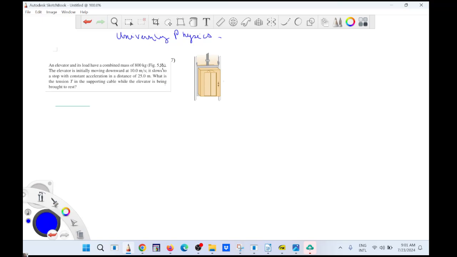You see here you have the mass of the elevator, and it says it was going down with a velocity of 10 meters per second. This is just the magnitude going down, and then it's going to slow down. So it's slowing down, and here it stopped.